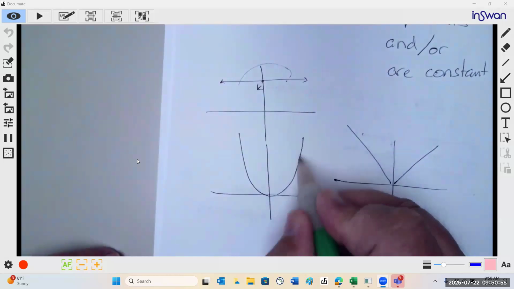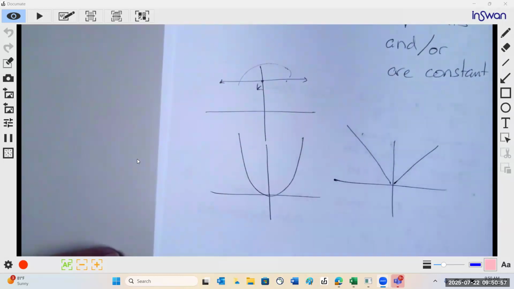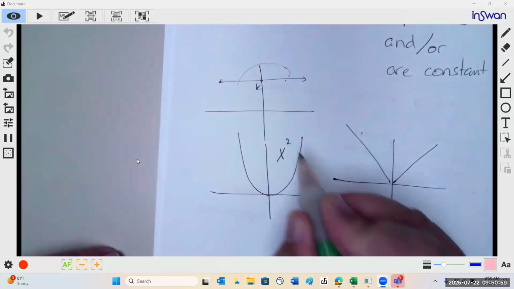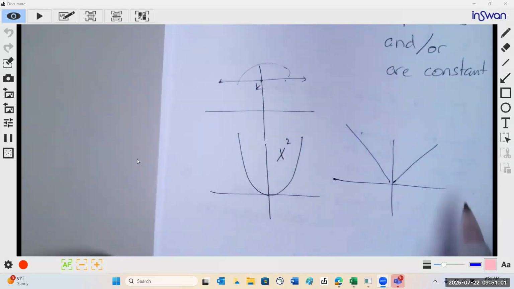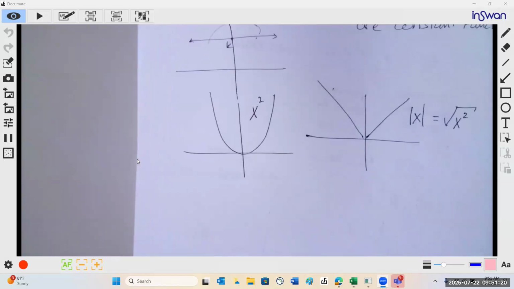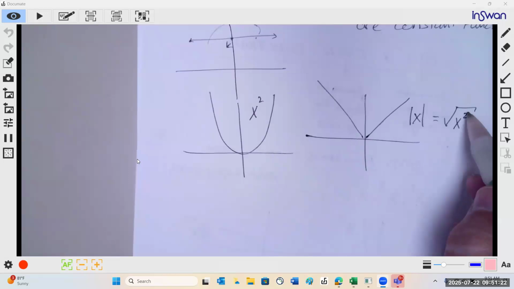This is the function, remember what function this one was? That's x squared. What's this function? Absolute value. Very good. Now, why is the absolute value an even function? Because the formula for the absolute value is the square root of x squared. x is squared.